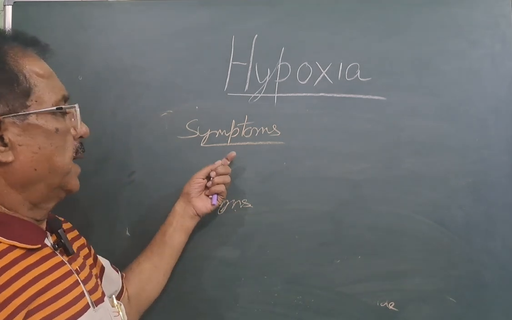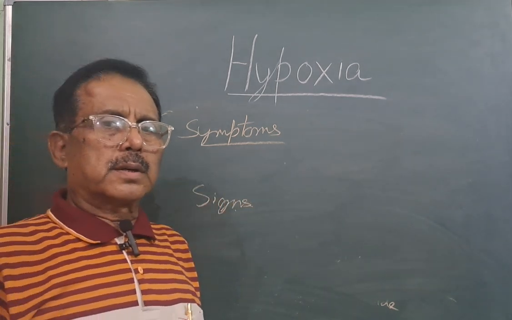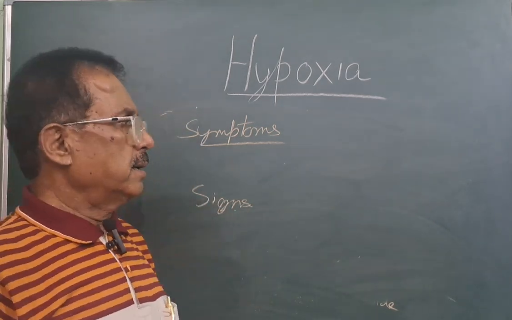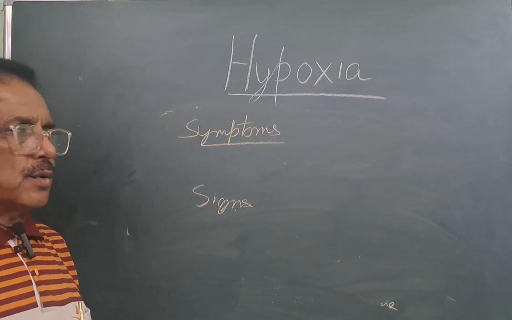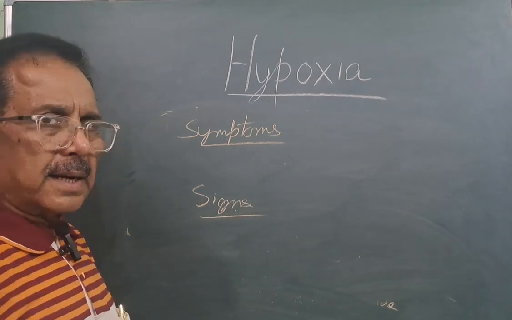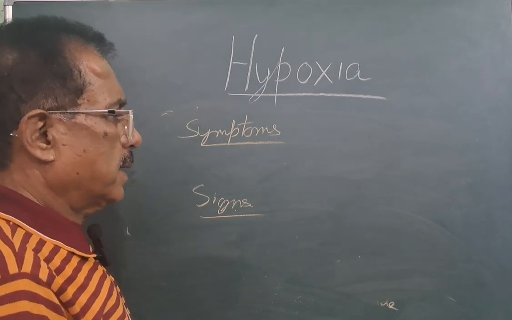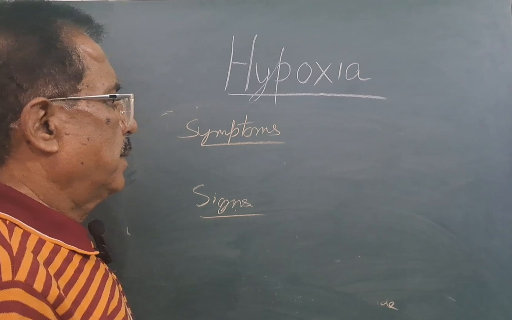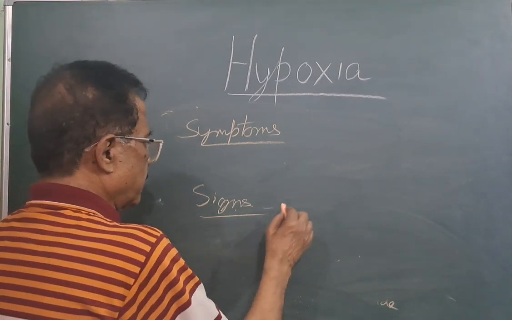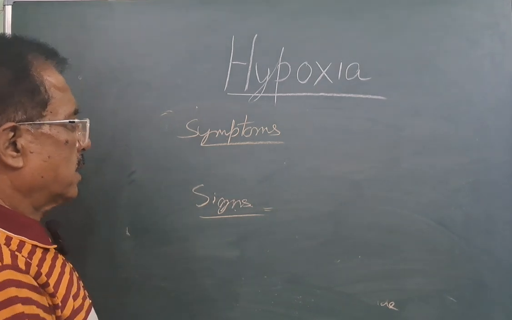All these may occur in a hypoxic condition. Although they are not specific, these occur. Signs are tachycardia, tachypnea. Tachycardia means increased heart rate. Tachypnea, rapid respiratory rate, and a confused condition of the patient.